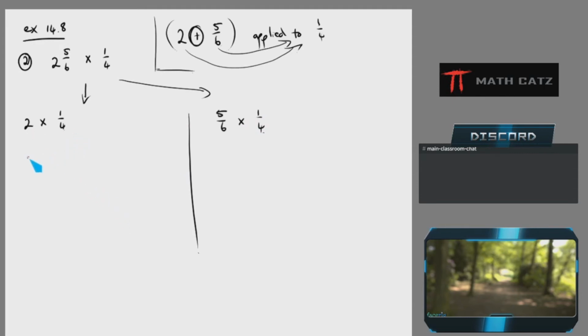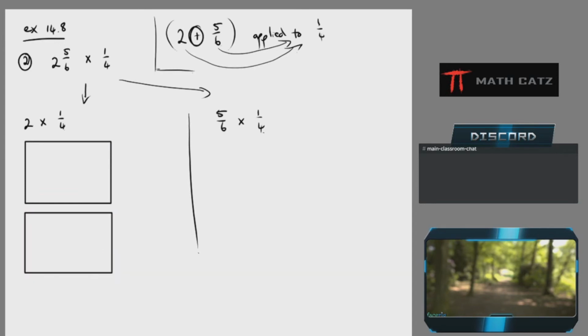So 2 times 1/4 means I want to see my fraction, and I'm going to double it up. So I'll just draw them twice, like this, one below the other. So there's not much to do here. I just want to represent the 1/4 fraction this many times, and that's what I get to keep.